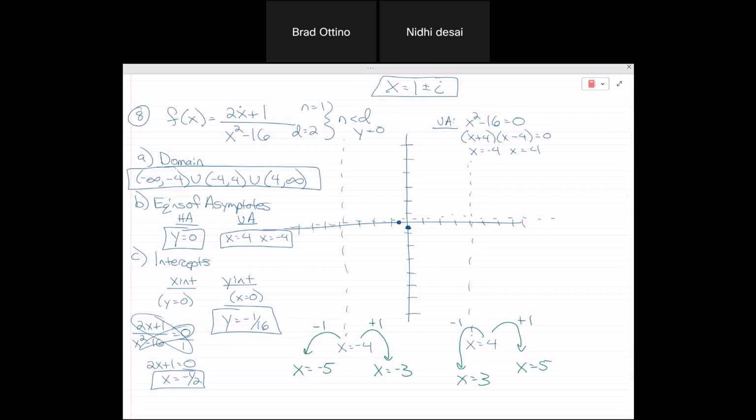And we're plugging those into our original to see where the branches are going to lie. Now, when you're doing this yourself, just be careful plugging them in.